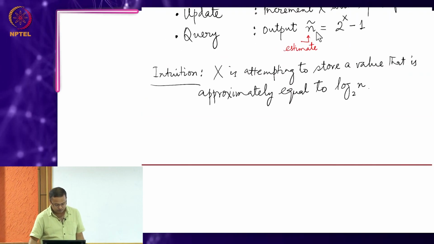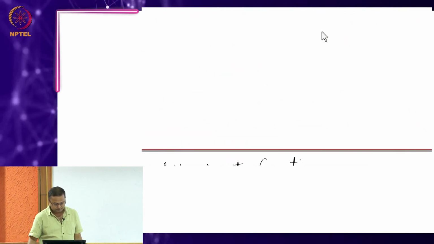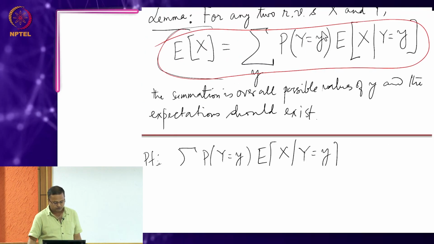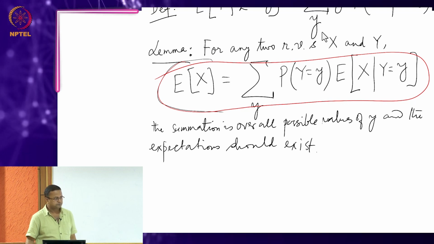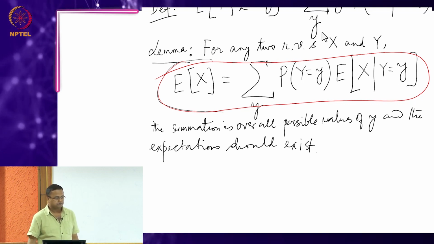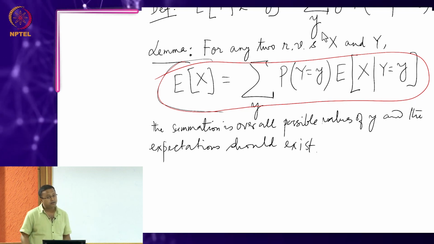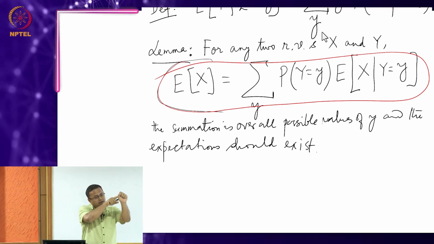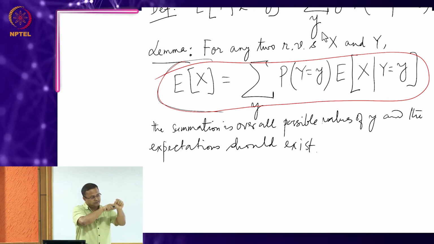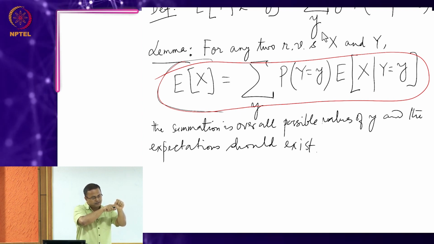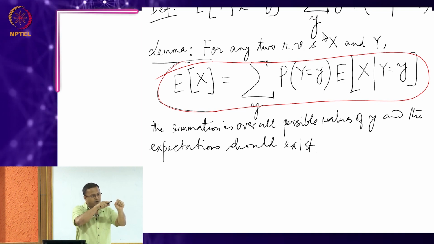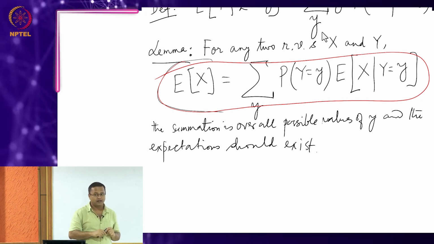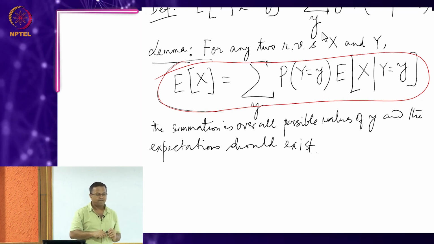I will use this notion of conditional expectation. Why do I need it? Because remember, my increments were probabilistic. I incremented x as x plus 1 with a probability of 2 to the power of minus x. It was not that I incremented it always.